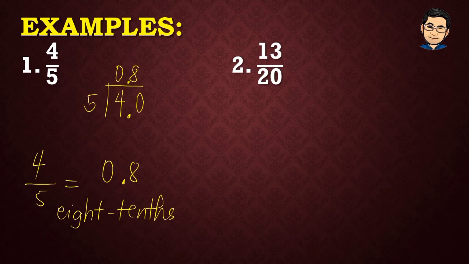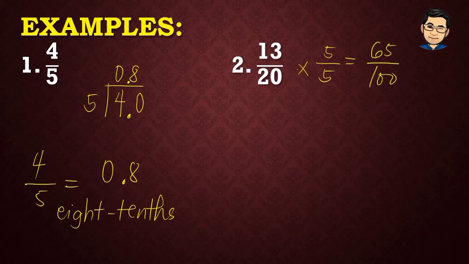13/20. So, ituturo ko sa inyo yung mas madaling process. So, yung power of 10. So, ang gagawin natin, i-multiply natin tong 20 sa 5, tsaka yung numerator. So, 13 times 5, that is 65 over 100.